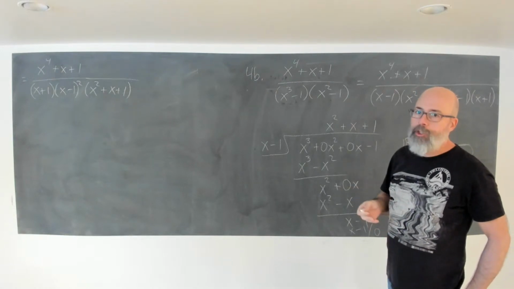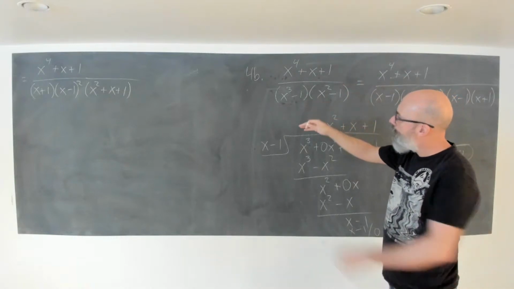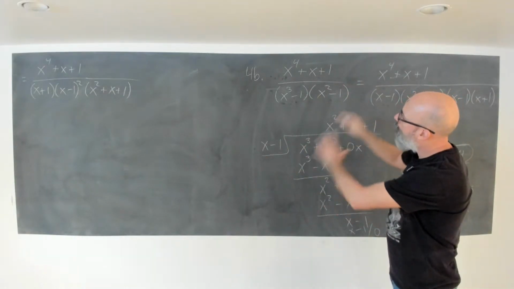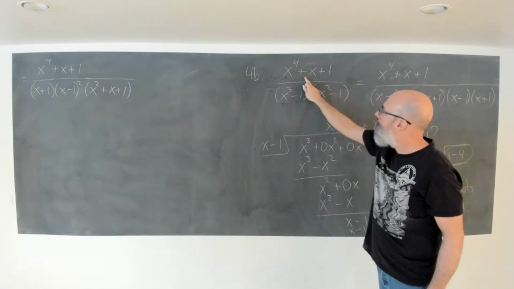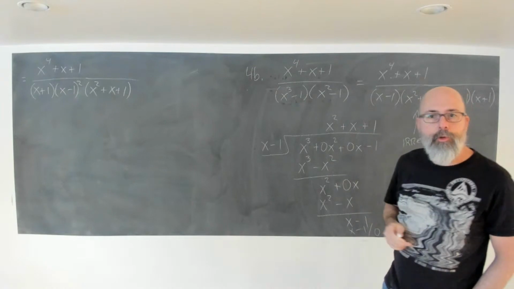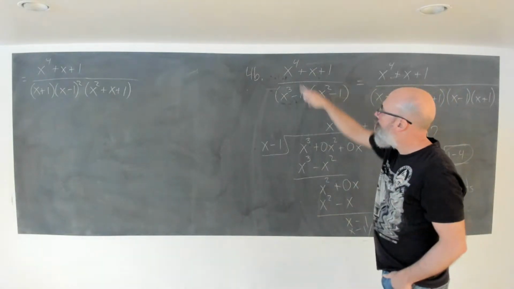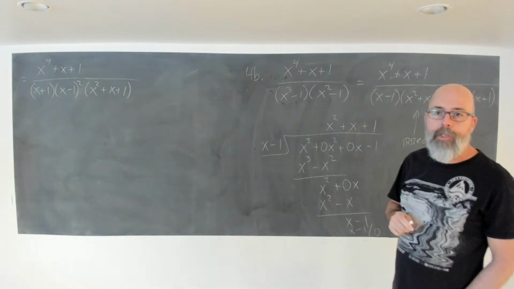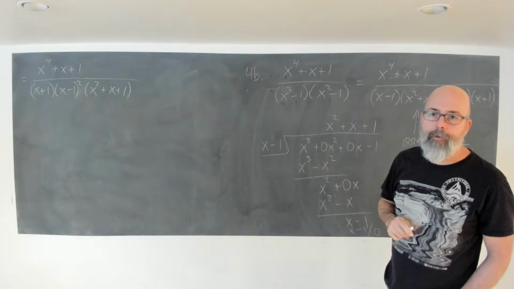You do some long division, and you will end up with some polynomial plus a remainder over the divisor, where the remainder has lesser degree. And then you can apply partial fractions to that remainder. We'll see an example, I'm quite sure.